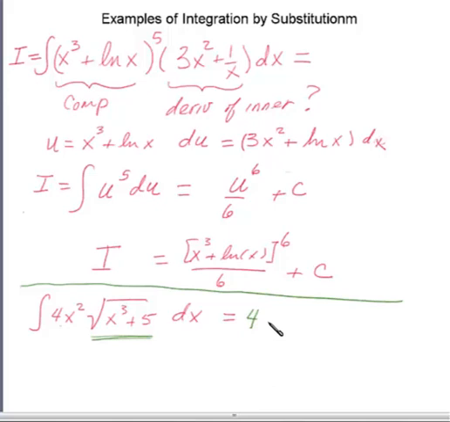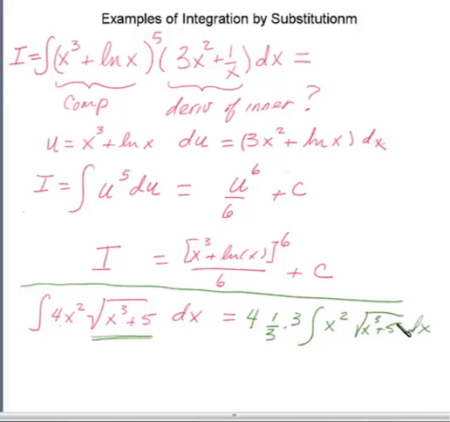Multiplying by 1 doesn't change the value since 1 is an identity for multiplication. But this is going to be in the form 1/3 times 3, so there's my 1, times the integral of, I took the 4 out already, so I've just got x squared square root of x cubed plus 5 dx.